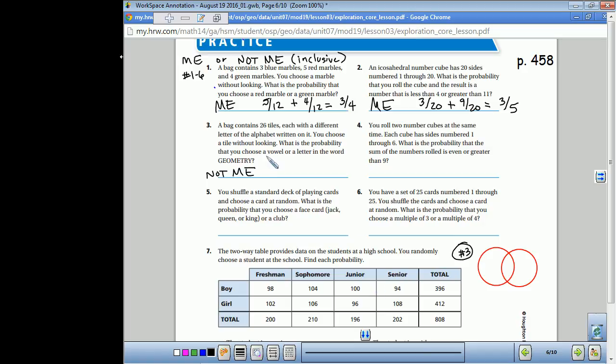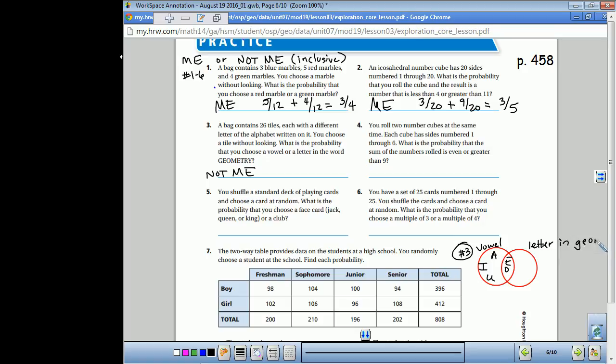Geometry has some vowels in it. It has E, O, and E. So A, E, I, O, U. There's all my vowels. Okay? And then I have letters in geometry.